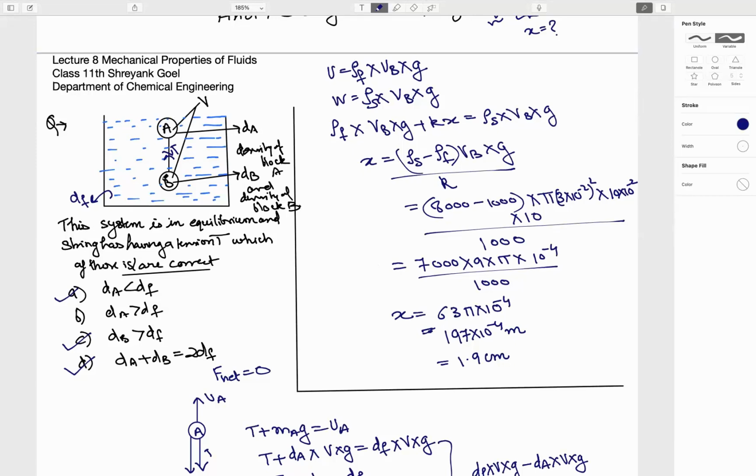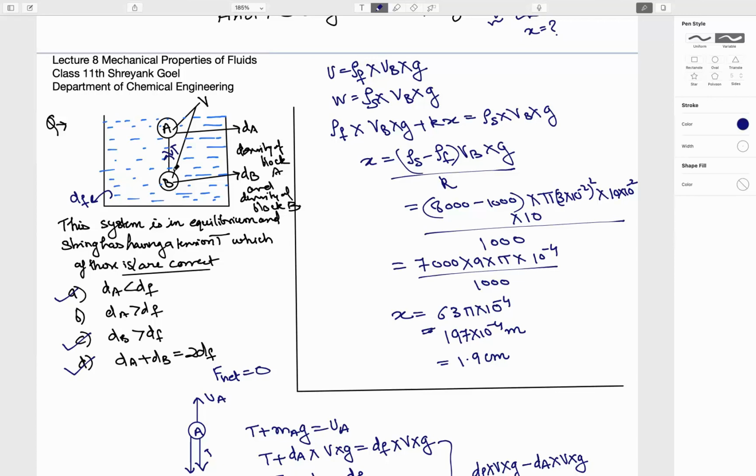But B is already inside. Both are inside, but B is trying to pull this system downward. So it means the density of B should be greater than the density of the fluid. It can only be in equilibrium when dB has greater density as well as dA has lesser density than the fluid. So they are trying to oppose the upthrust in different directions and then only they are in equilibrium.